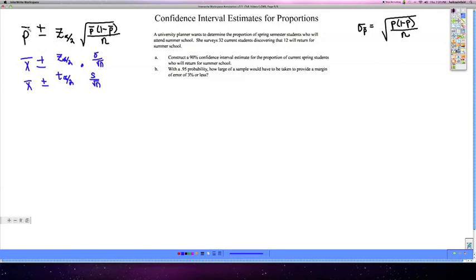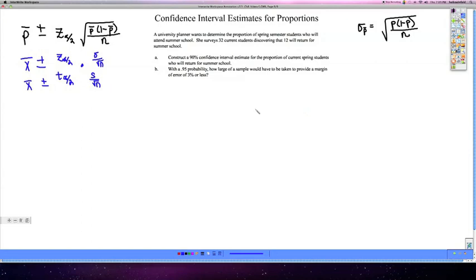We take the proportion for the sample, and we add and subtract a z-value associated with our confidence level times a standard error. Now, for proportions, the standard error of the proportion is given by this formula, which we also used back in Chapter 7.